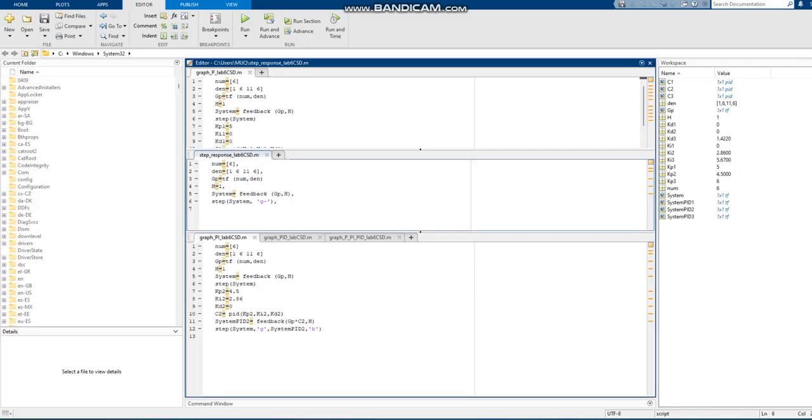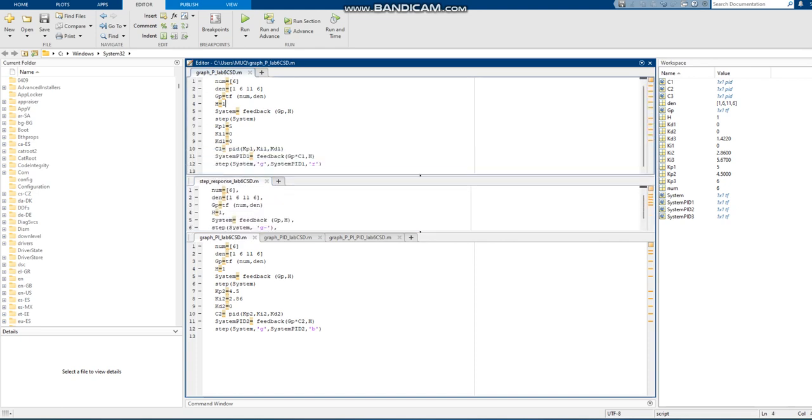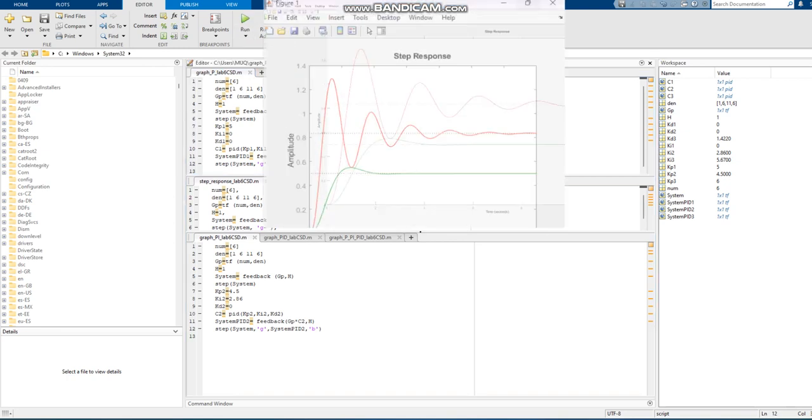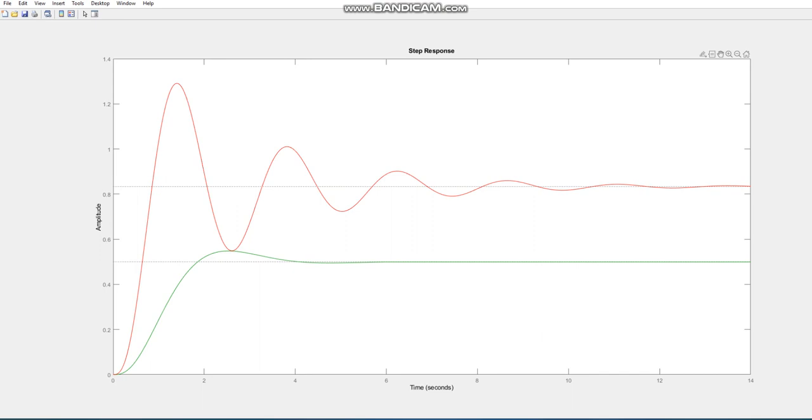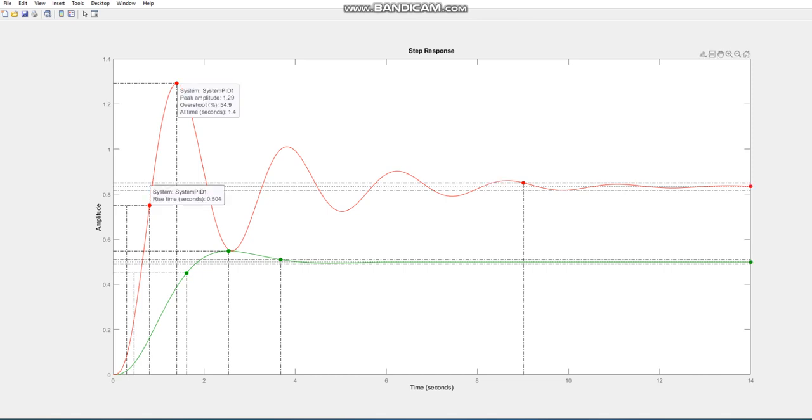Then let's look at the P graph. The code for the P graph is here, so let's run it. This is the P graph. We tick every characteristic that we want. This is the step response that we calculated just now.